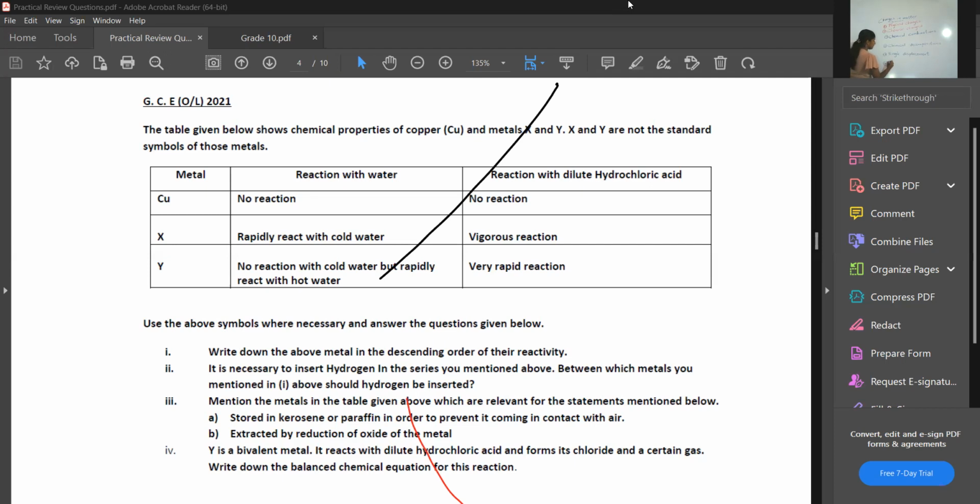The fourth one, double displacement. Yes, right. So those are the 4 types of reactions, Pute. Chemical combinations, chemical decompositions, single displacement, and double displacement, right?